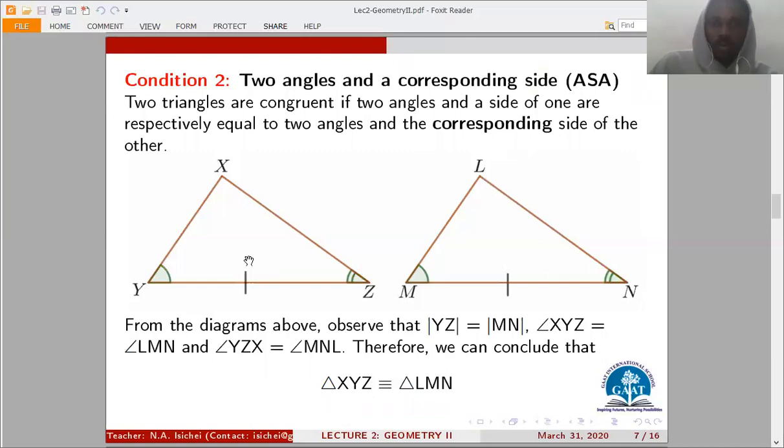In this particular case, length YZ is equal to MN, angle XYZ is equal to angle LMN, also angle XZY is equal to angle LNM. Therefore, we can conclude that triangle XYZ is congruent to triangle LMN. So this is two angles and one side. This is known as ASA.